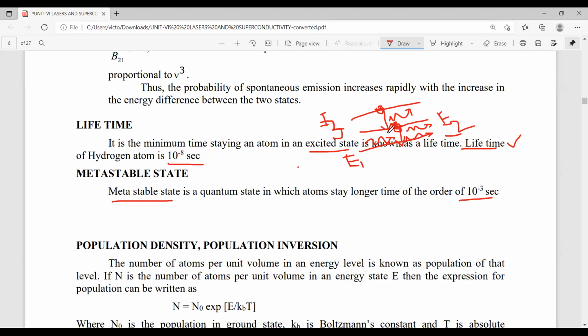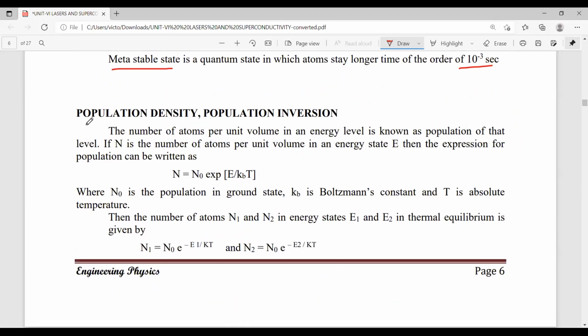So the emission process that takes place between E2 and E1 is useful for laser production. Okay, so now you clearly understand what the metastable state is. The next concept is population density, population inversion.